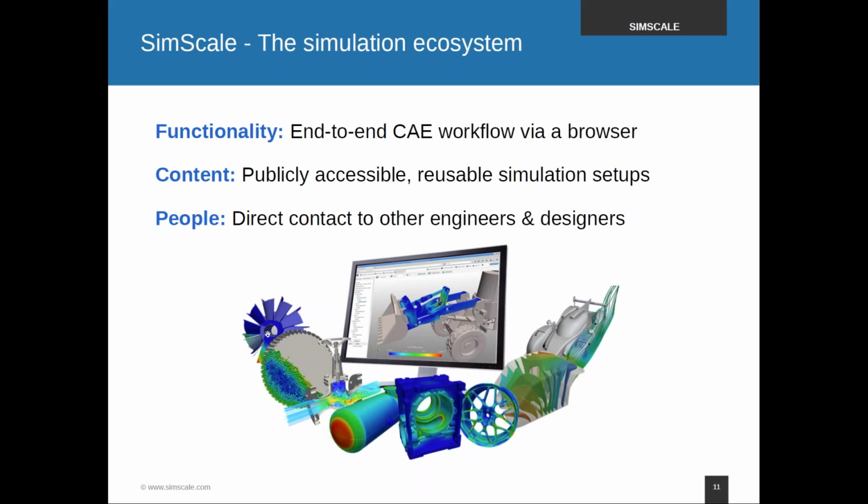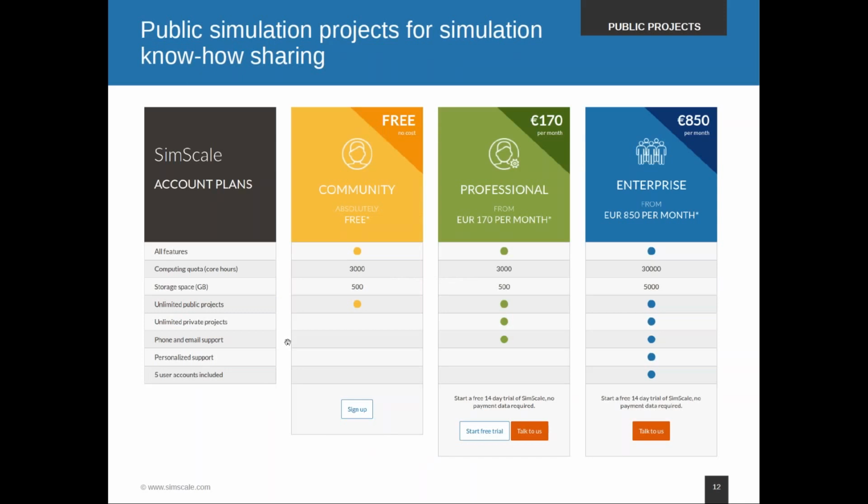Last but not least, let's take a look at our pricing model, because as I mentioned, using SimScale is basically absolutely free. Everybody can get a free community account, and a community account means you have access to all features. You have 3,000 core hours of computing time, because at SimScale we are not talking about licenses, we are just, in the end, paying for what you use.